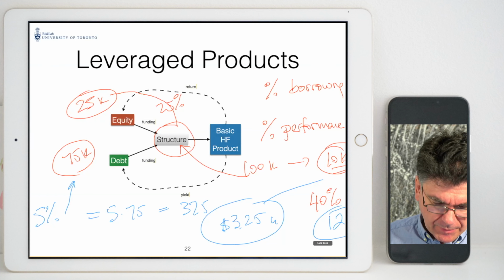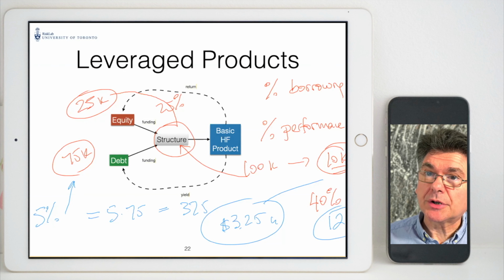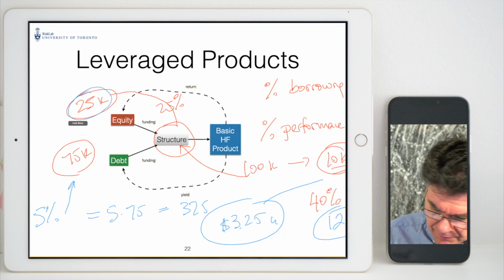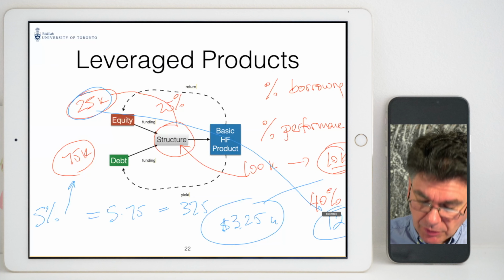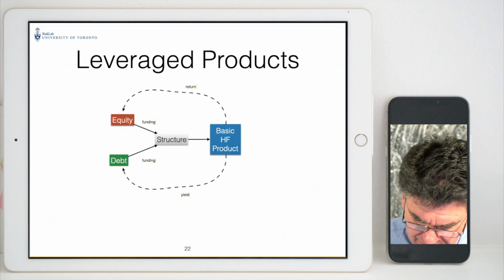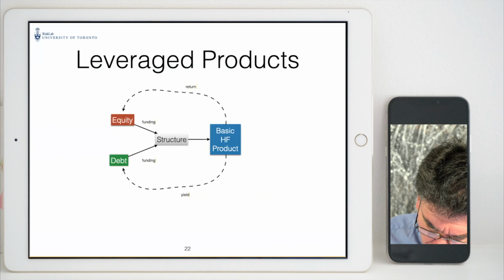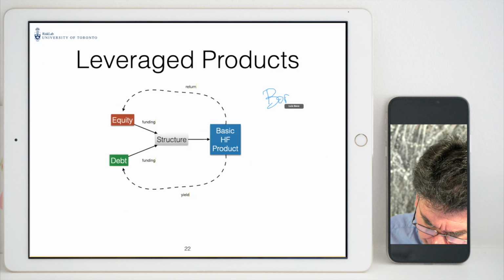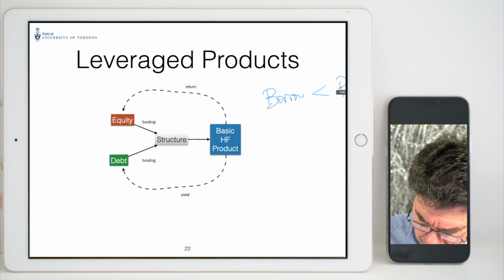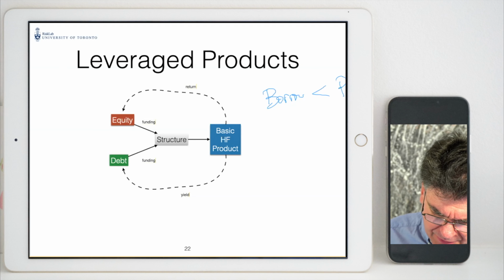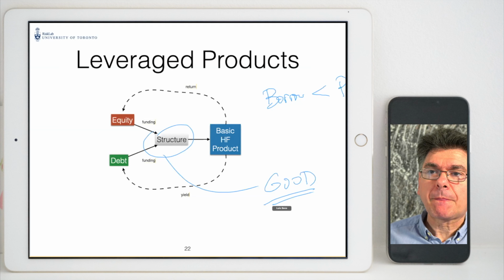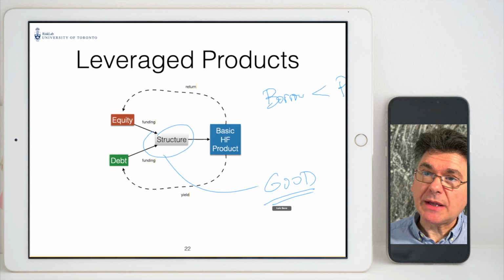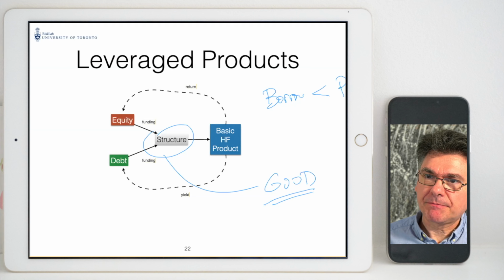Okay? My rate of return is actually just as good because I only invest 25. Okay? So the advantage of investing like this is that if the borrowing rate is less than the performance, this investment structure is always good. Okay? And that's why these investment structures exist.